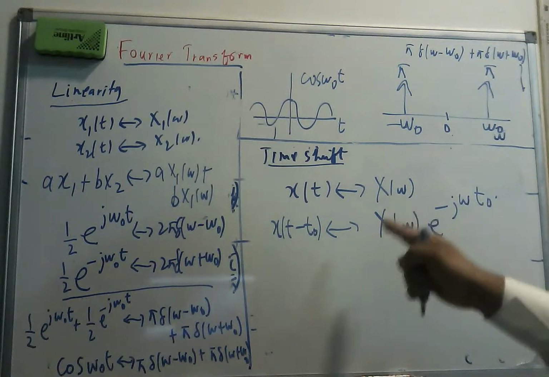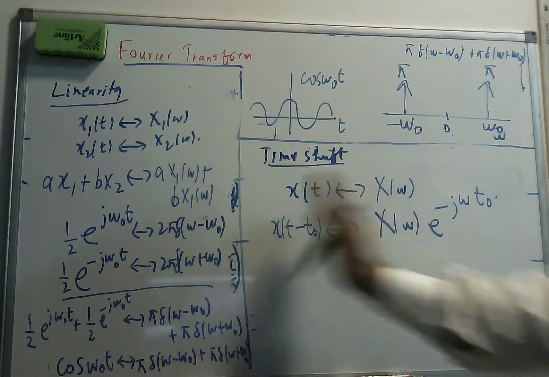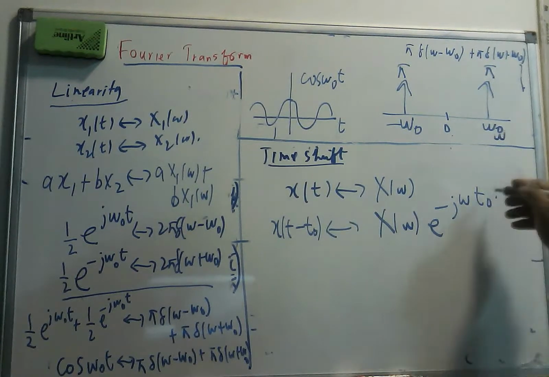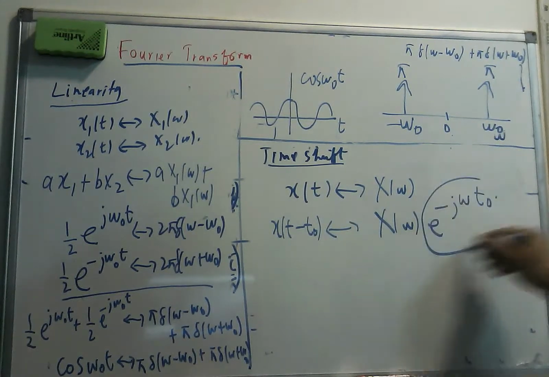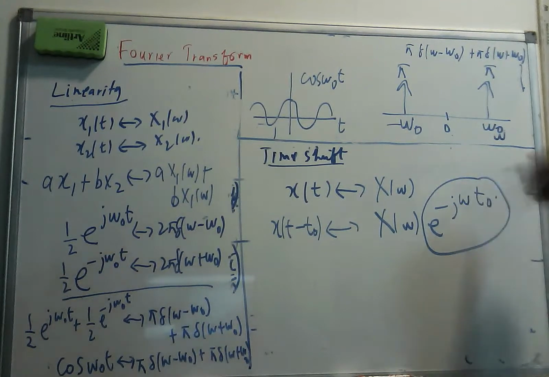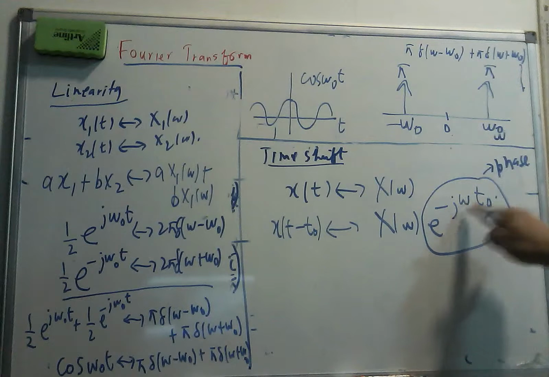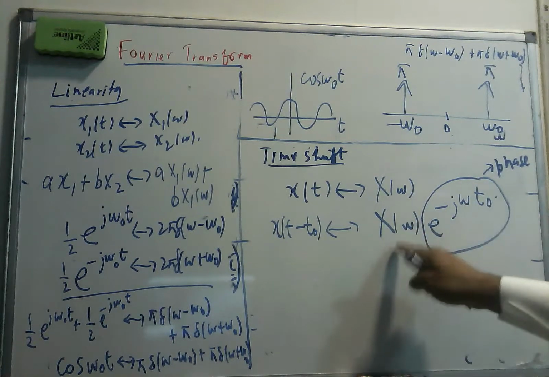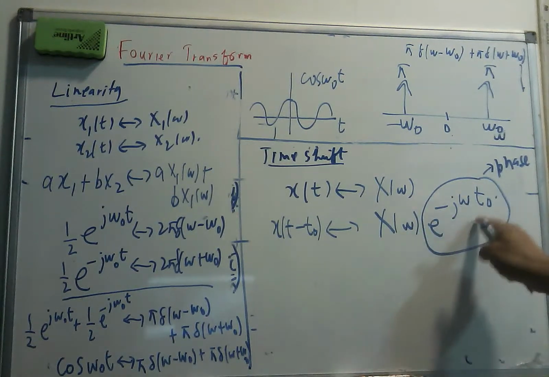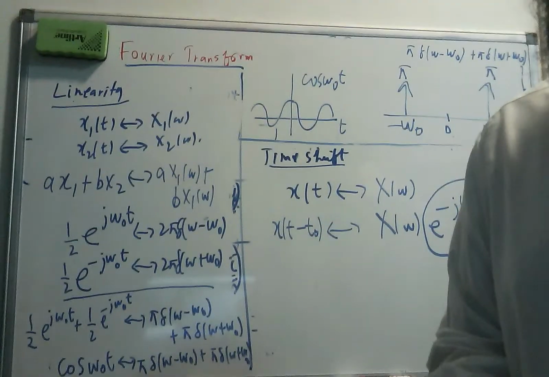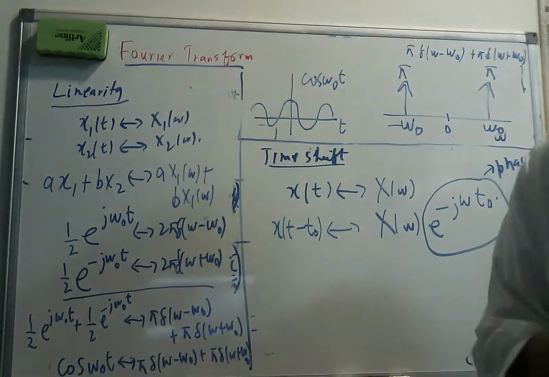So this is a very important property. If there is a time shift in the time domain, then in the frequency domain, I just multiply by a phase of minus j omega t naught. The amplitude remains the same. Only the change is in phase.